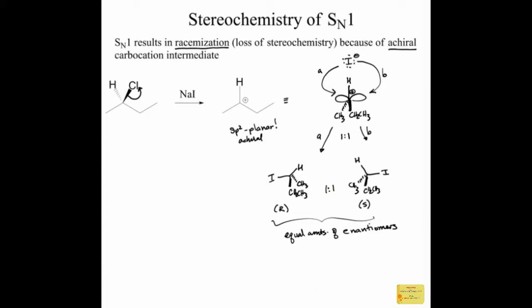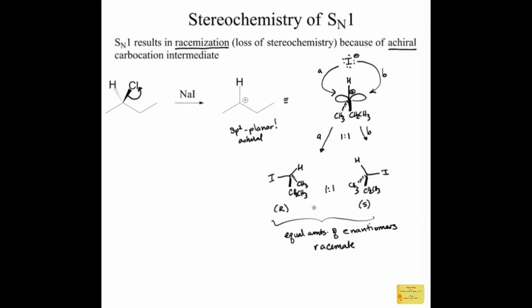And we have a special name for a 1-to-1 mixture of enantiomers. What is that called? It's called a racemate or a racemic mixture. And that's why we describe this process as one that undergoes racemization, because even though we started out with a chiral starting material, we ended up with a racemic mixture product.